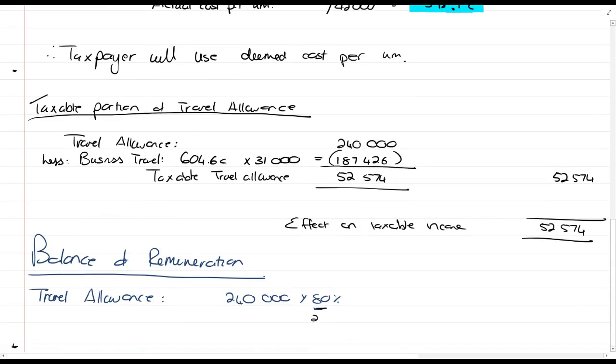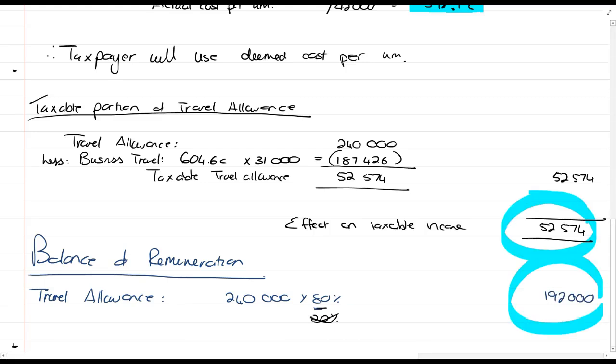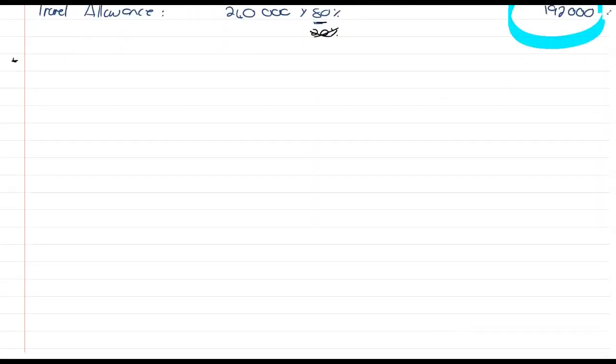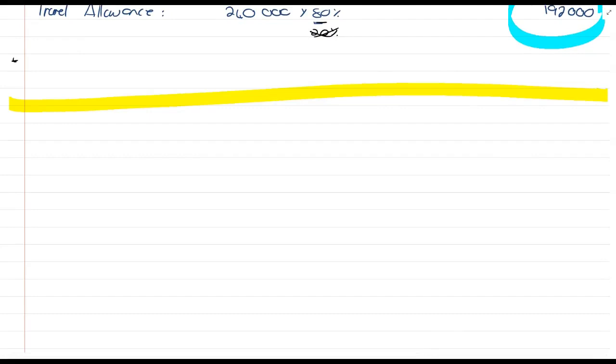If it was 80% or more, we would use 20%. Just remember that rule. So 240,000 times 80% is 192,000. Okay, so these two figures, I'm just circling them to make it easier to find them in a few seconds.